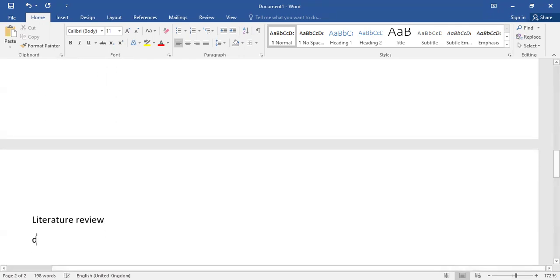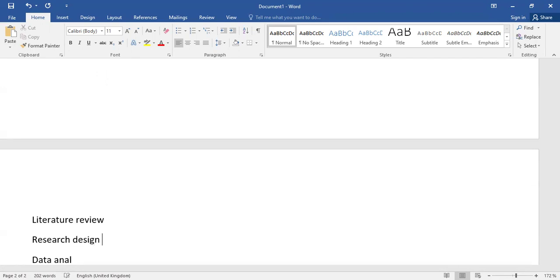We also have the data collection, and then we have to do the data analysis. Now, this data collection is under research design.